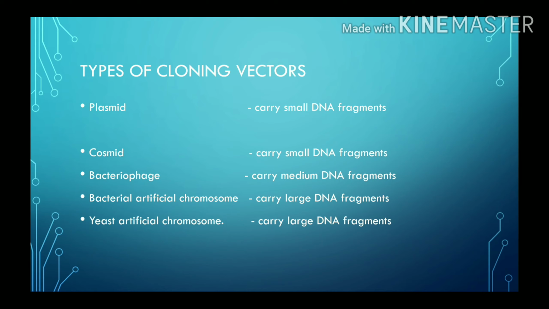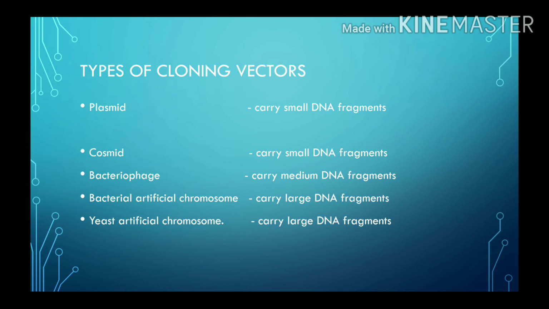Plasmid. It is a small, circular, self-replicating, extrachromosomal, double-stranded DNA molecule which carries small fragments of foreign DNA. Next, cosmid. Cosmid is also a plasmid but has an extra feature, which is a cos sequence.